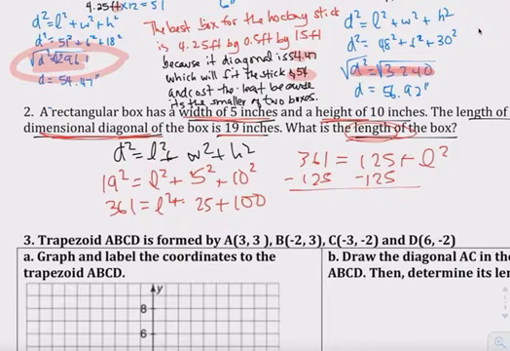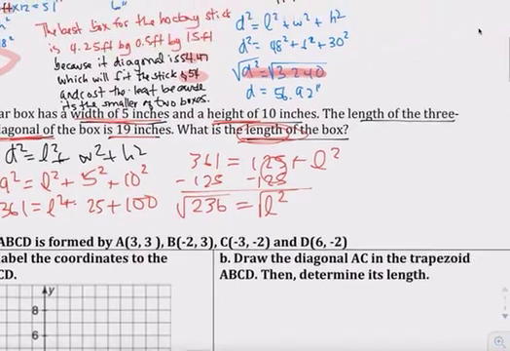You get 236 equals length squared. Take the square root. The square root of 236 is 15.4. The length is 15.4 inches.